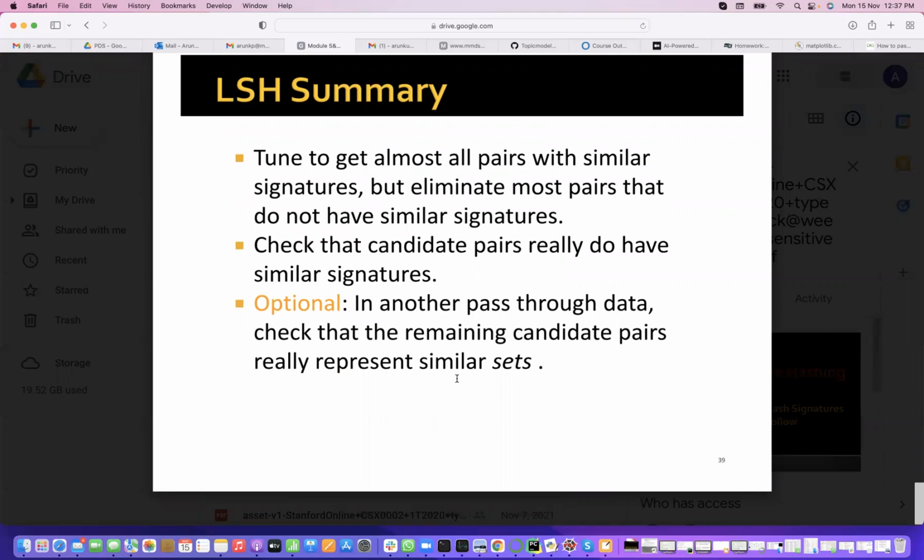The signature matrix is not the exact representation of the input matrix. We are just taking some permutations, computing that signature. If you want to really say these two are similar, then go to the input matrix and compare all values there. That may be big, but you reduced your computation. Instead of checking 1 lakh square pairs, now you may check something like 300, 400 similar pairs. So now you can do that with even the original matrix. That is what this means: in another pass through data, check that the remaining candidate pairs really represent similar sets, not just signature wise.